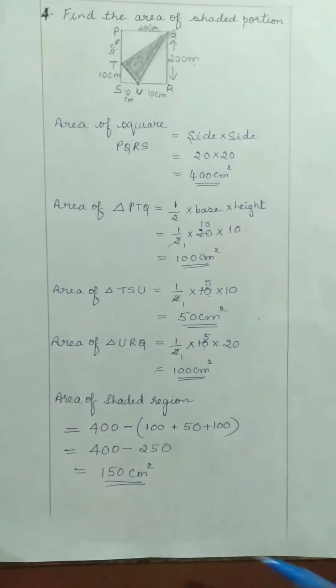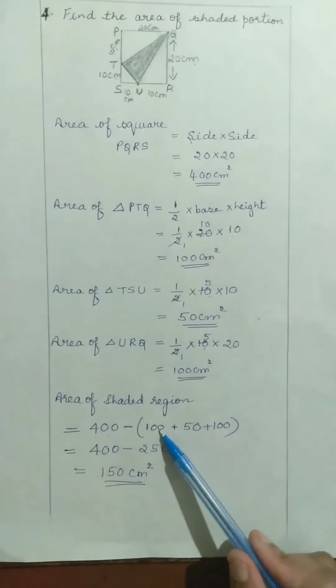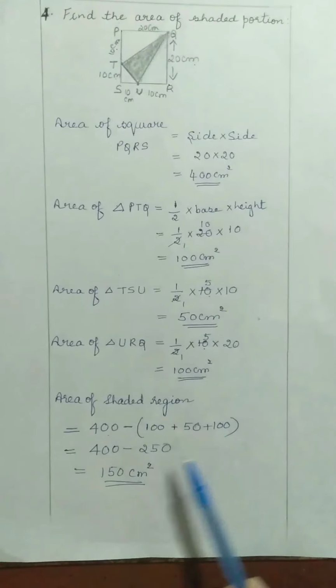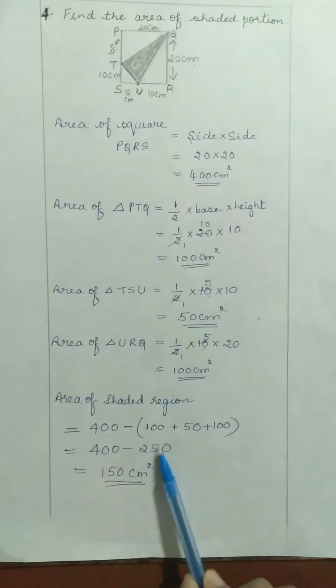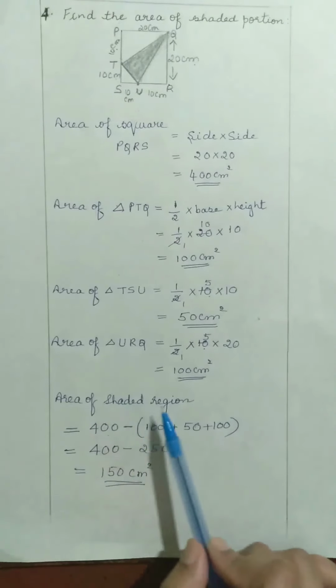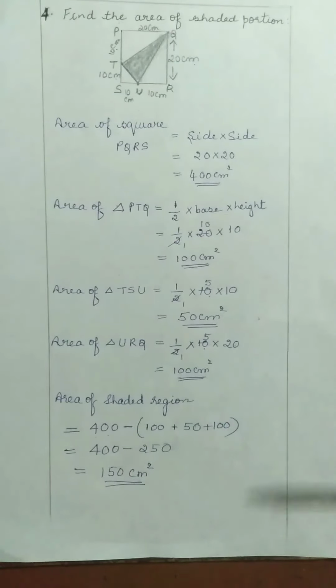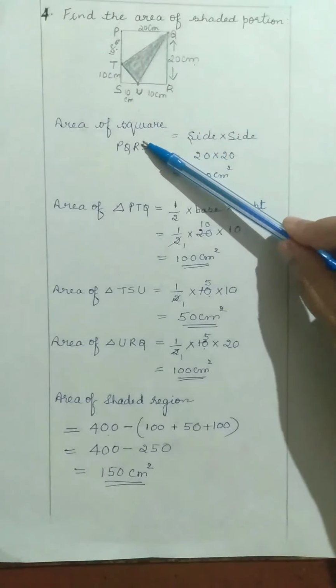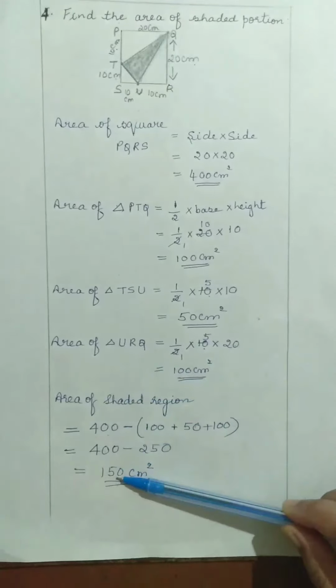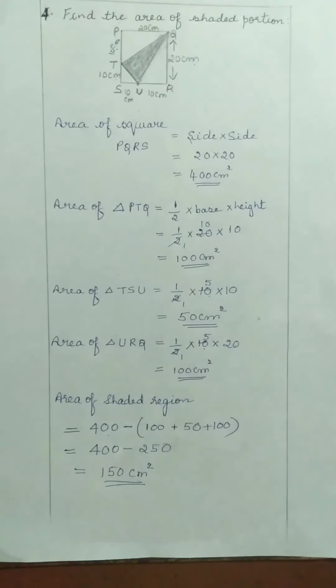So 400 minus 100 plus 50 plus 100, when you simplify, it will be 250. 400 minus 250, 150 centimeter square is the answer for the area of the shaded region. So we need to find the area of the square in the beginning, then find the area of the three triangles afterwards. This is the method of calculating the area of the shaded region.